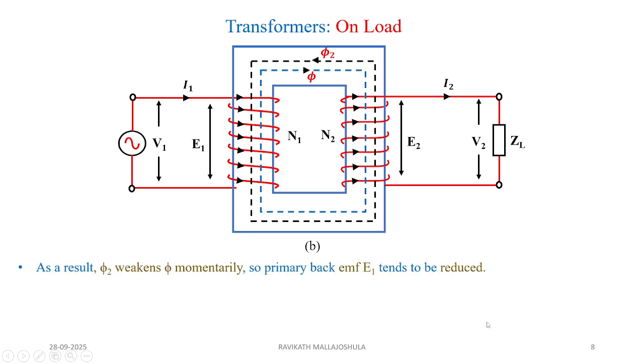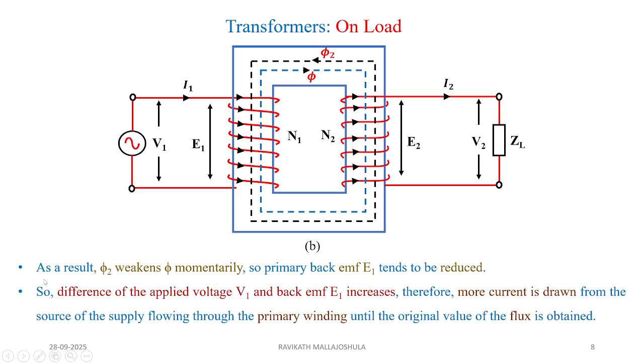Then what happens? Phi 2, that is the newly created flux, weakens the original flux momentarily. So the primary back EMF tends to be reduced. So once the back EMF is reduced, the difference between the applied voltage V1 and back EMF E1 increases, and therefore more current is drawn from the source of the supply flowing through the primary winding until the original value of the flux is obtained.